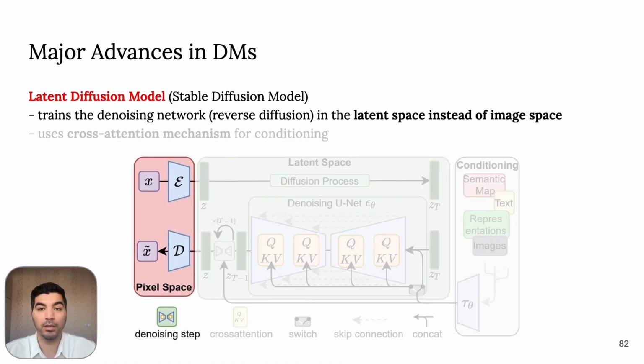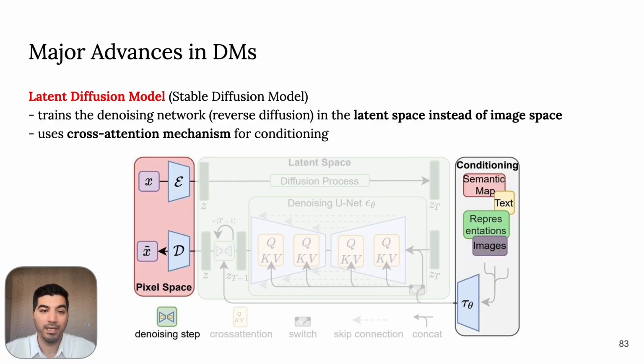Latent diffusion model has two major contributions. First one is to train the denoising network, or reverse diffusion in the latent space instead of image space. So what they do, they use an autoencoder to map input image to the latent space. In addition to that, they have a cross-attention mechanism for conditioning.